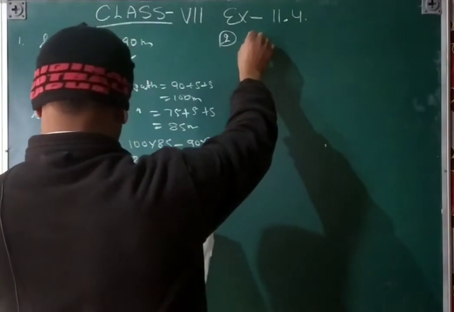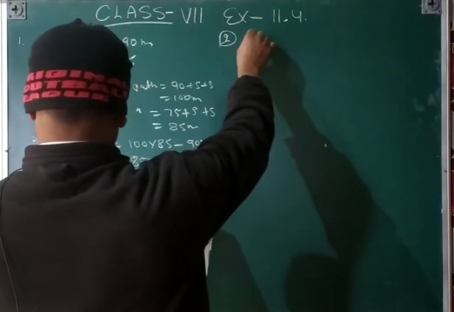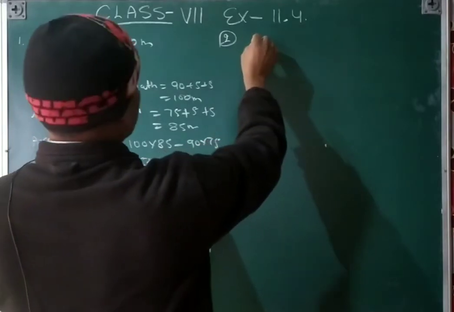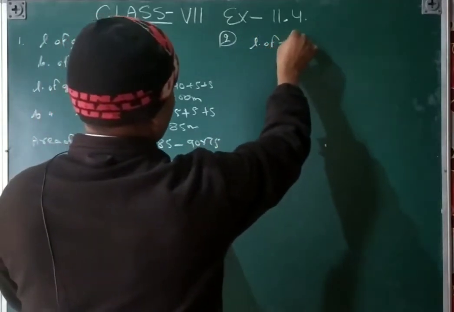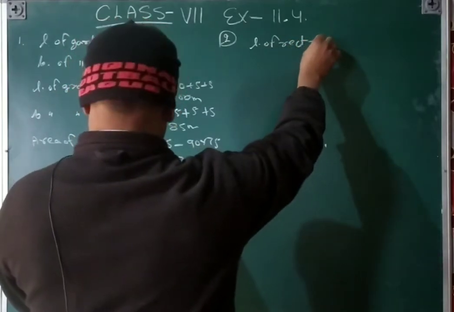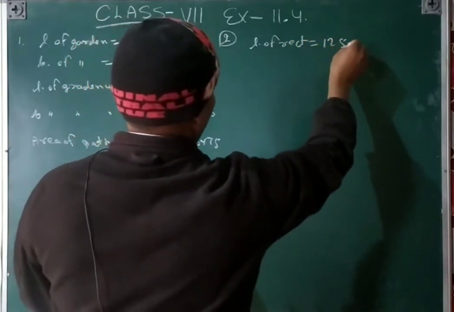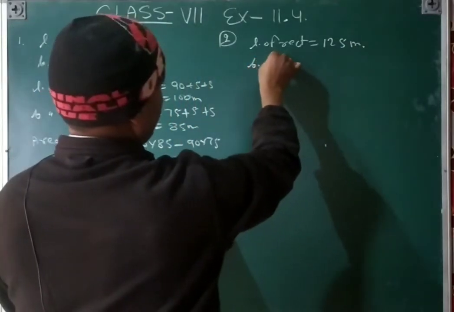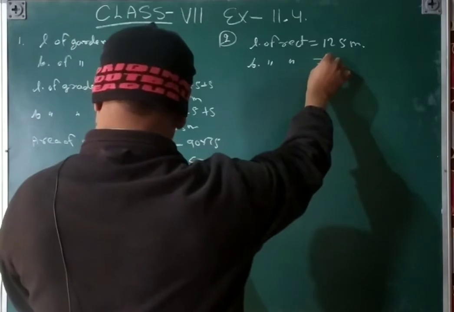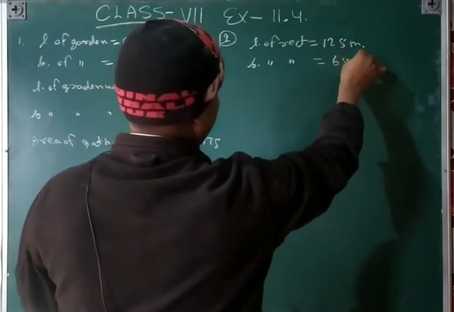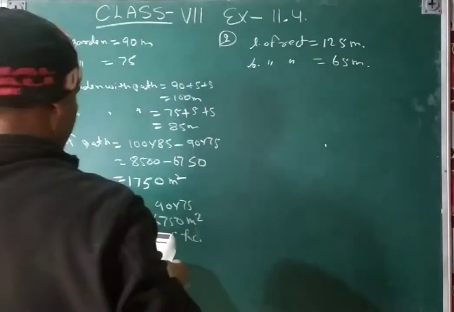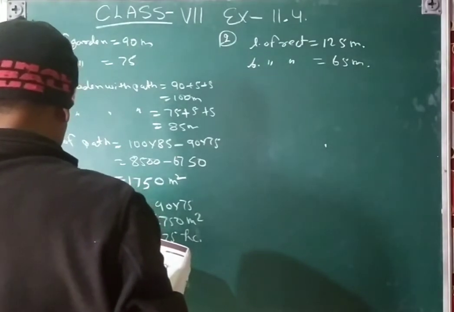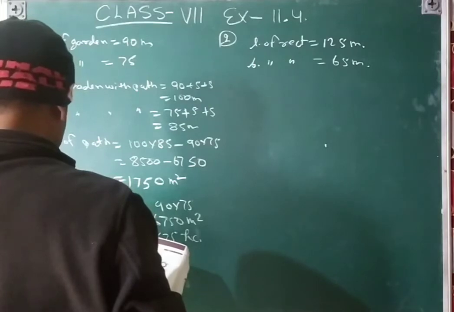So length of rectangle is equal to 125 meter, and breadth of rectangle is equal to 65 meter, and a 3 meter wide path runs outside around the rectangular park.